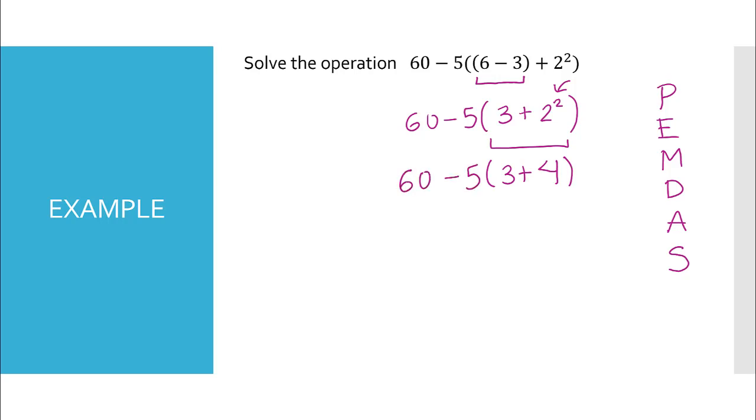So now I solve the operation 3 plus 4. That gives us 7. And that is being multiplied times 5. 5 times 7 is 35. It's 60 minus that. So now we have 60 minus 35. And that would give us an answer of 25.